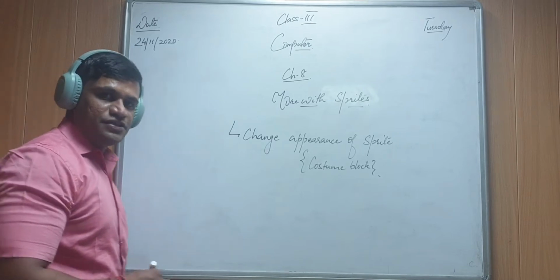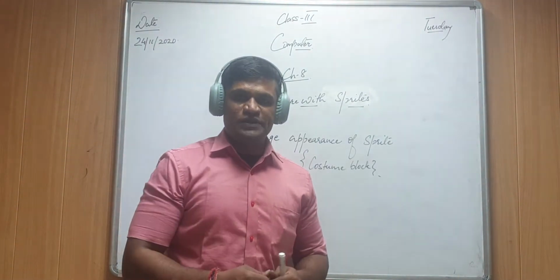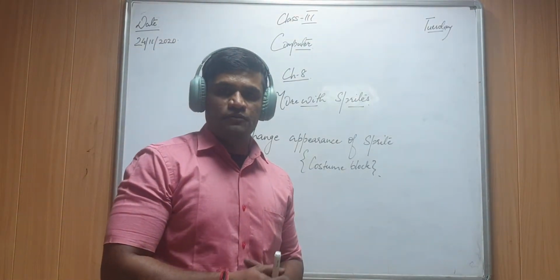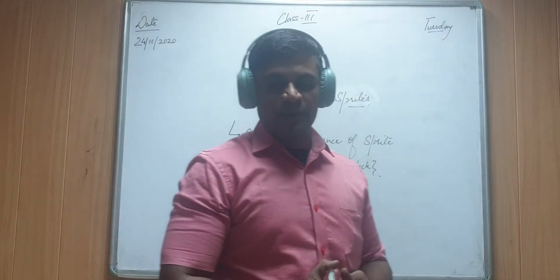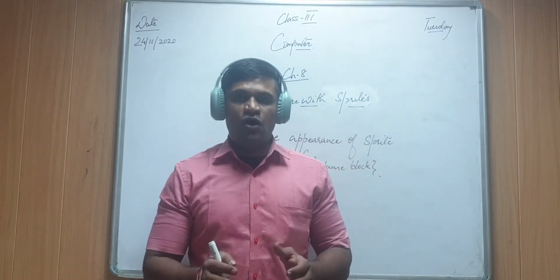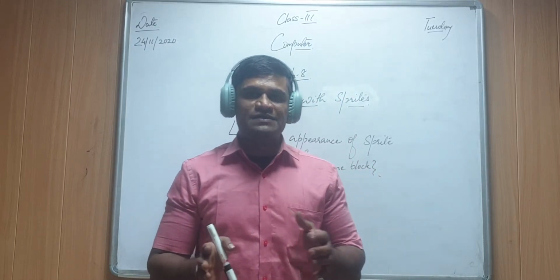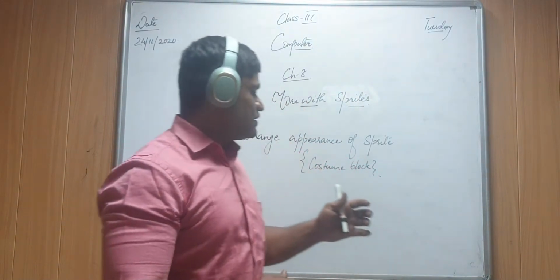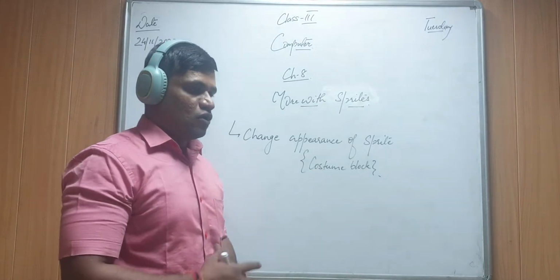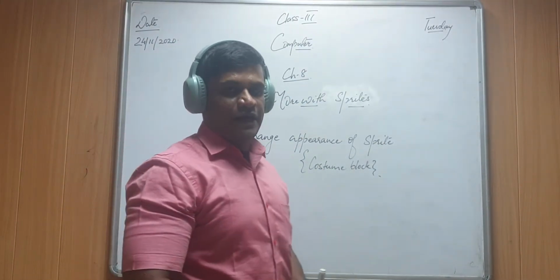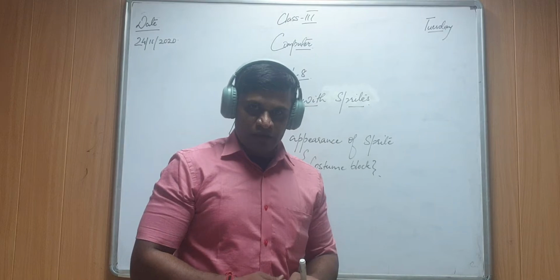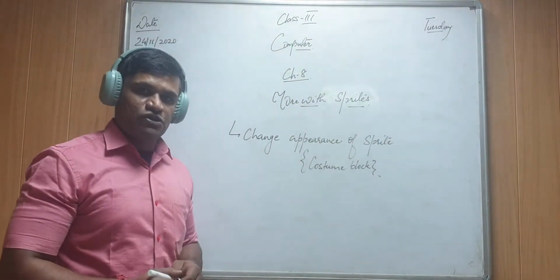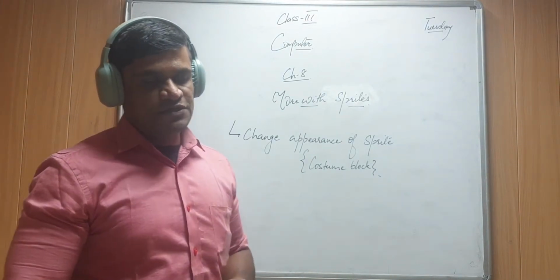By default, a cat sprite is available in Scratch. How can we change the appearance of that cat, change the color, change the costume dress? All this we can do by using the costume block, which we will study during the chapter. This will be the first topic to be covered in today's chapter.